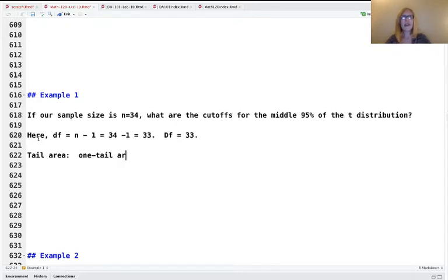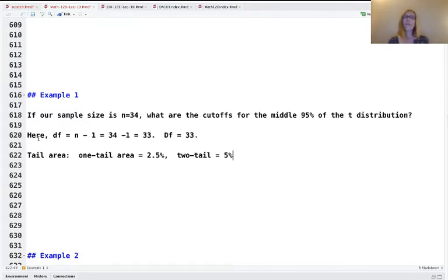The one tail area is 2.5%. If you think about both of the tails together, the two tail, of course that's got to be 5%. Makes sense, right? If there's 95% in the middle, then the two tails together have to have 5%. Each one specifically has 2.5%.